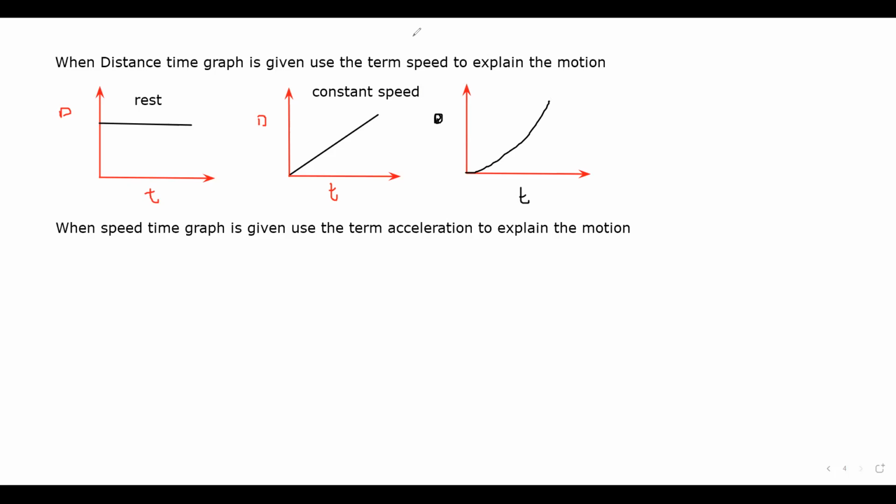Here you can say speed is increasing, the object is accelerating, or you can simply say speed is increasing. And whenever speed is increasing, we use the term accelerating.